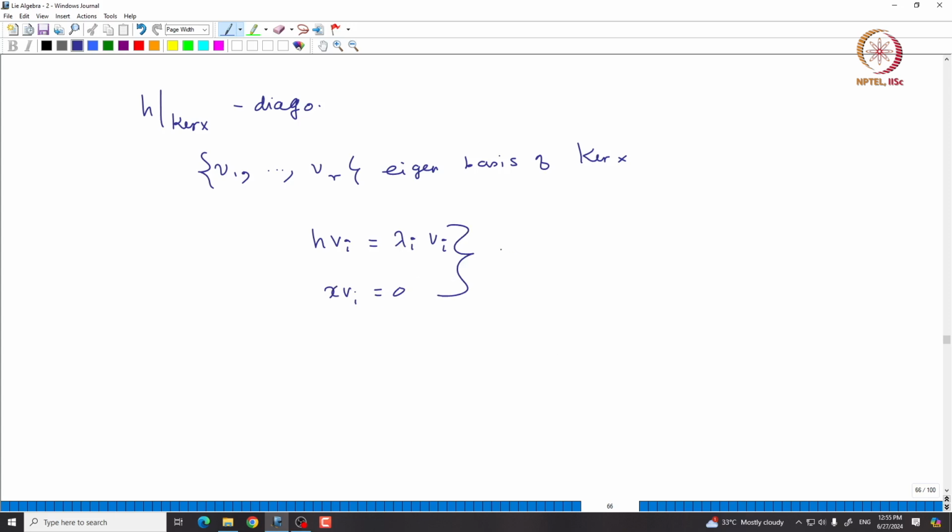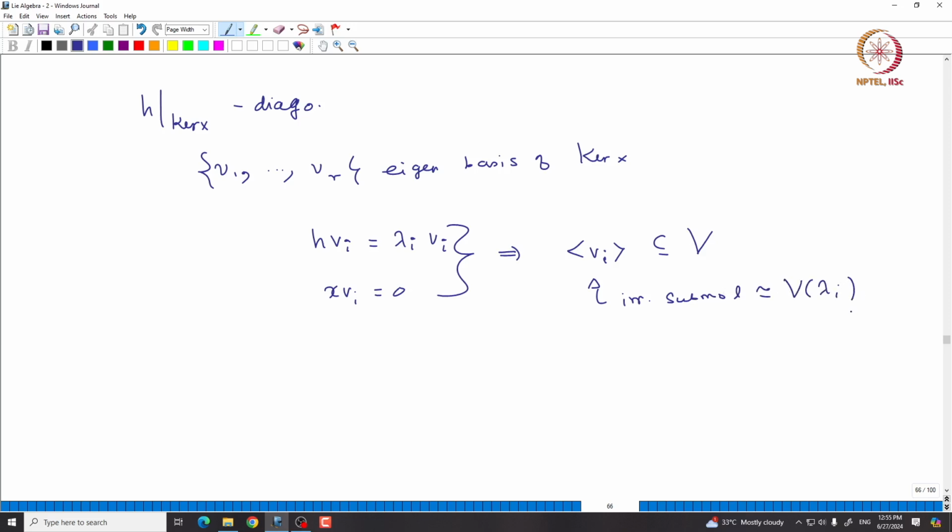Okay. But this will force that the submodule generated by v i inside capital V is actually an irreducible submodule, which is isomorphic to V of lambda i.